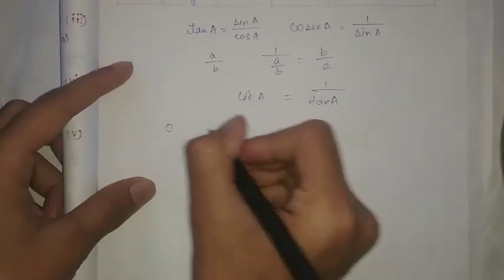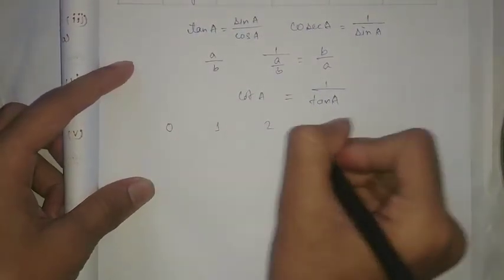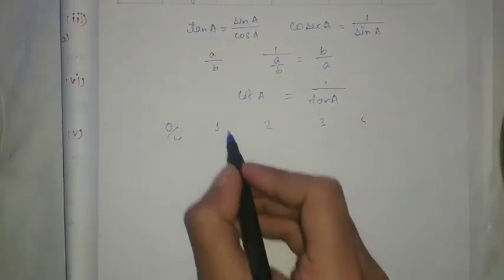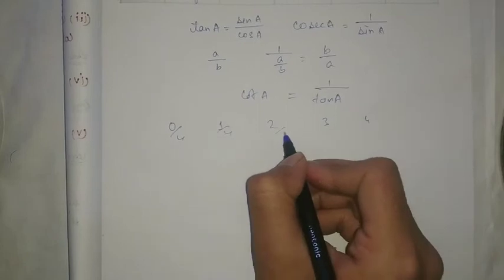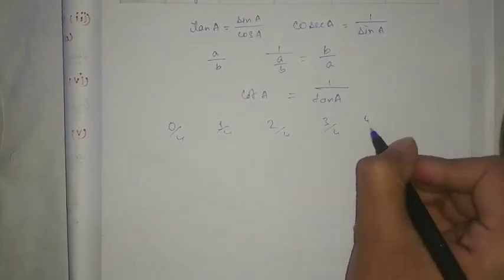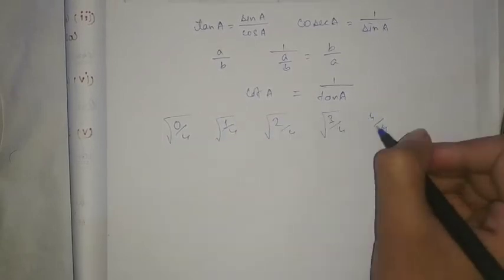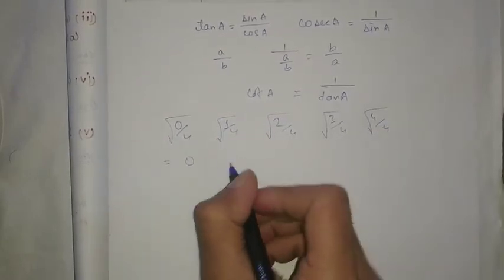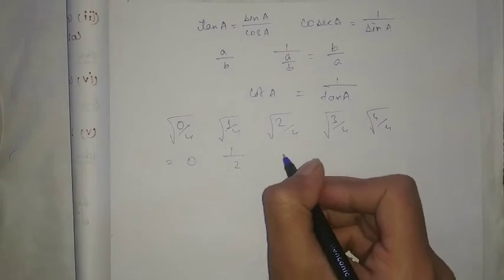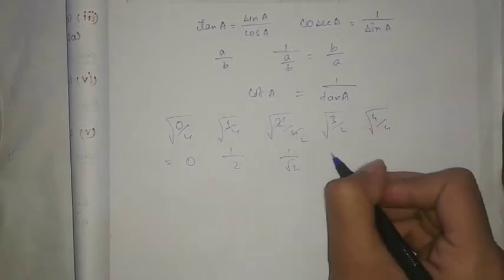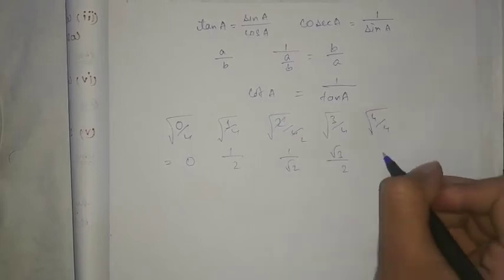First we write the numbers 0, 1, 2, 3 and 4. We divide these by 4, then take the square root of all of them. So it becomes 0, 1 by 2, 1 by root 2, root 3 by 2, and 1.